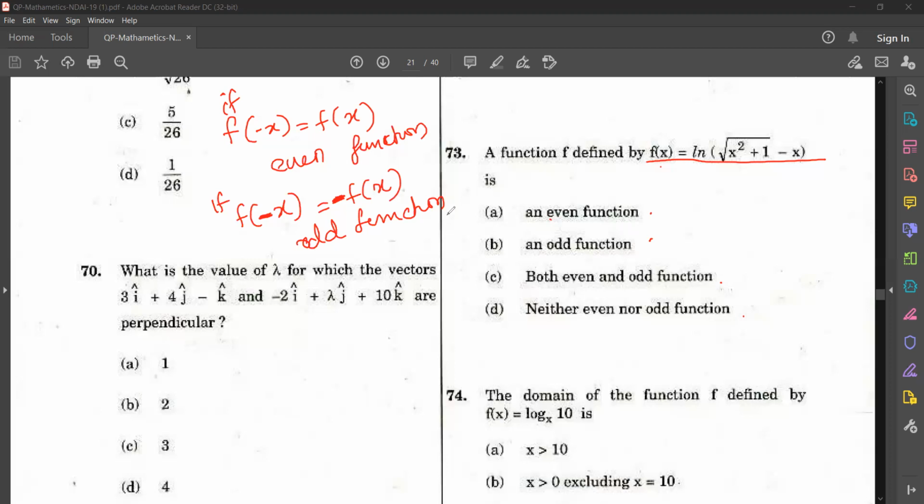I'll give you 1 minute. You have to try this. Just put f of minus x and check whether this is an odd function or even function.